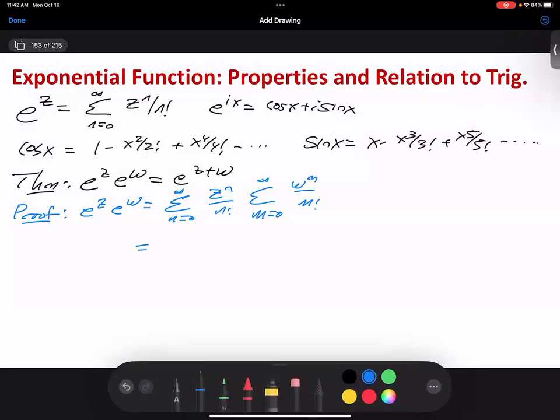Now, you can show that this is the same as the sum k goes from 0 to infinity, the sum L goes from 0 to infinity of z to the L, w to the k minus L over L factorial times k minus L factorial. So first you have to show that I can reorder the sums. This is the Fubini theorem.